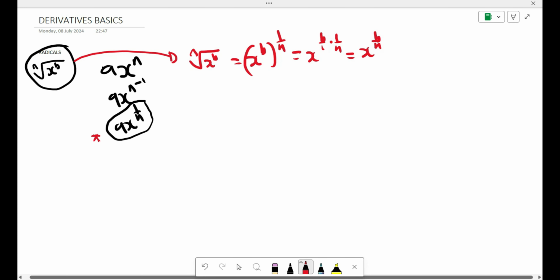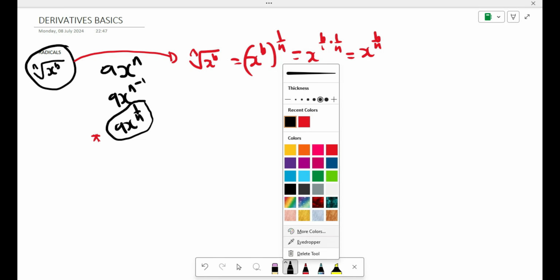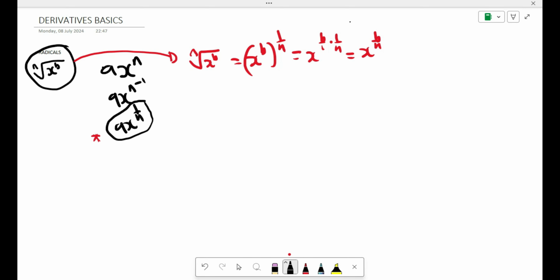Apologies, my writing is bad. Let me reduce the thickness. Black is fine. Once we have it in this form, you see here we have our a, which is 1, and then here it's x, and then here it's our exponent.